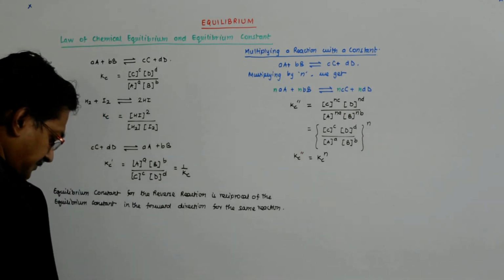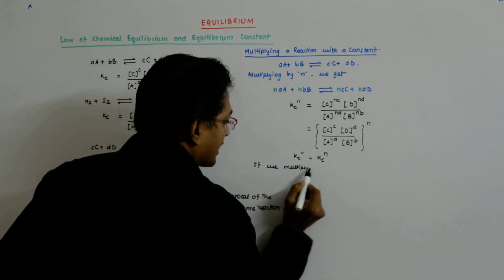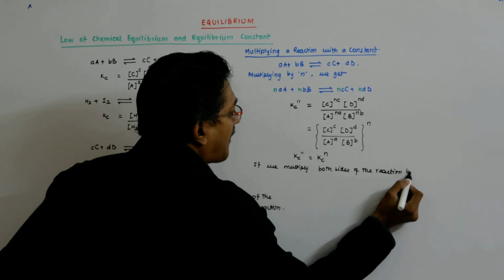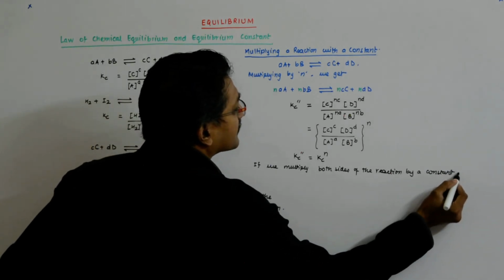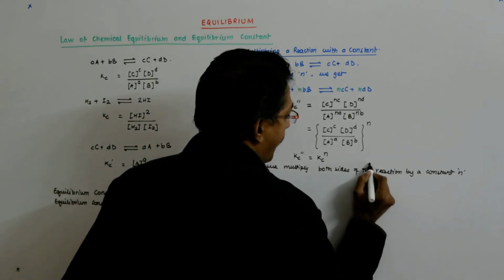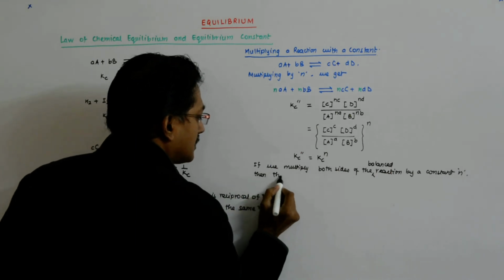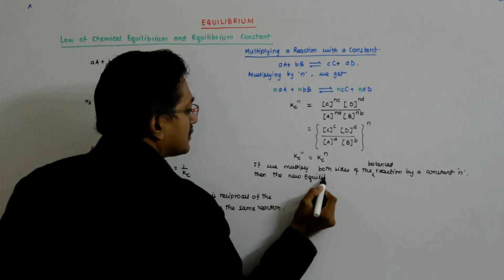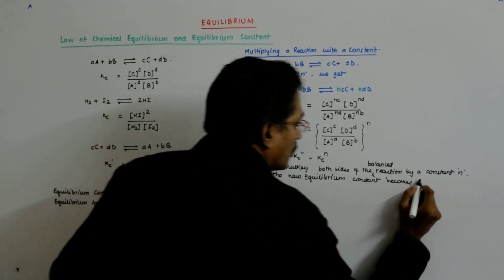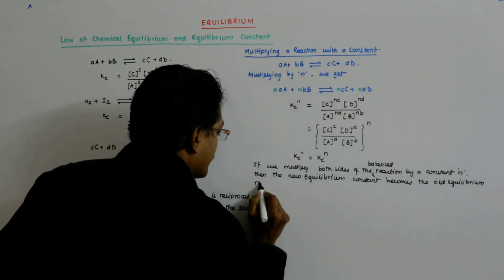So we say that if we multiply both sides of the balanced reaction by a constant n, then the new equilibrium constant becomes the old equilibrium constant raised to the power n.